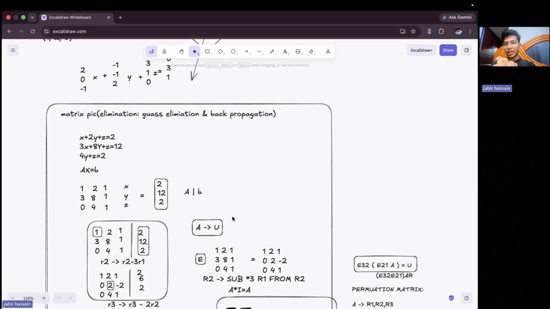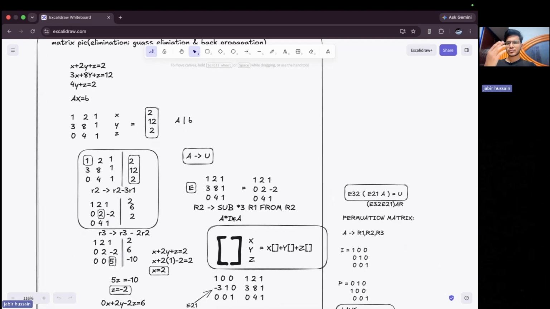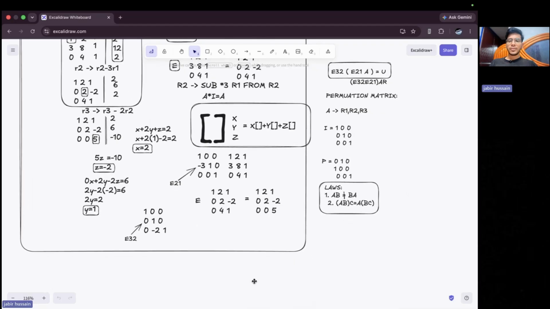In matrix picture, we learned the Gauss elimination and back propagation method, and how we can see a given system of equations in matrix format and then find the solution.